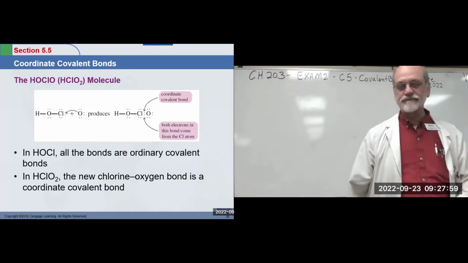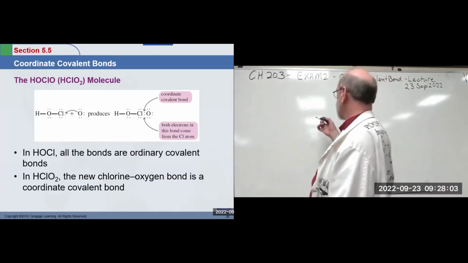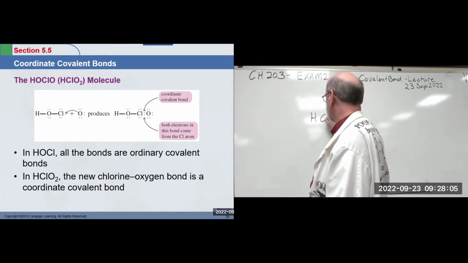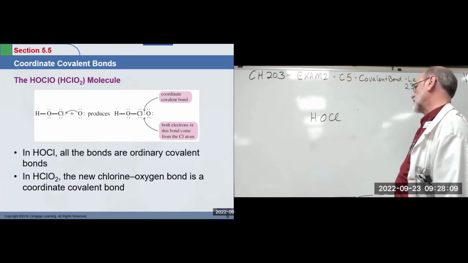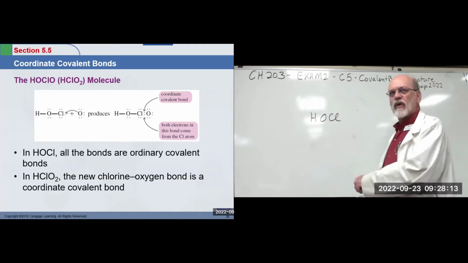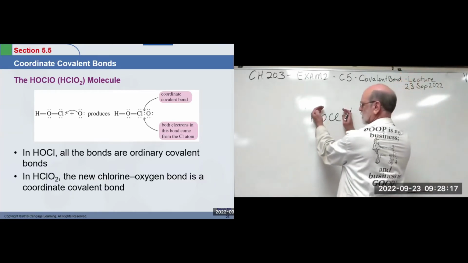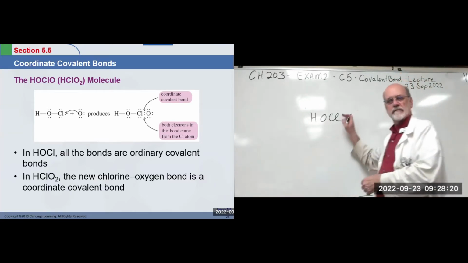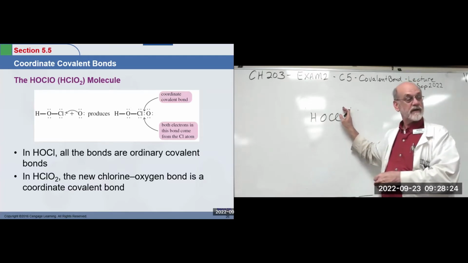Here's an example. HOCl. Let's see, if we put it in solution, that would be hypochlorous acid. Because this would be the hypochlorite, a polyatomic ion.